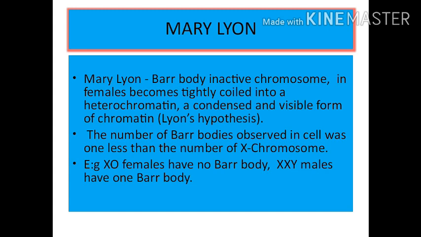If there is a Barr body, the sex is said to be female. For example, XO female will not have a Barr body because it has only one X. Whereas XXY male has one Barr body because it consists of 2 X chromosomes.